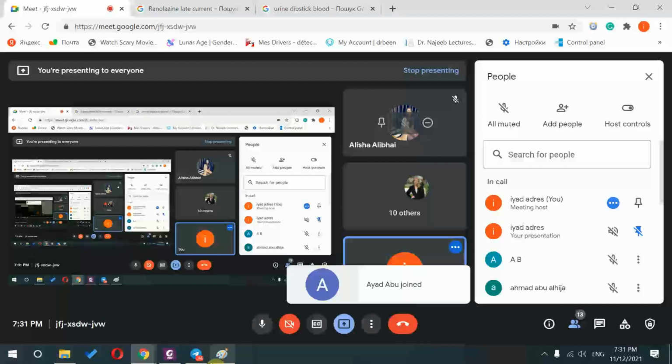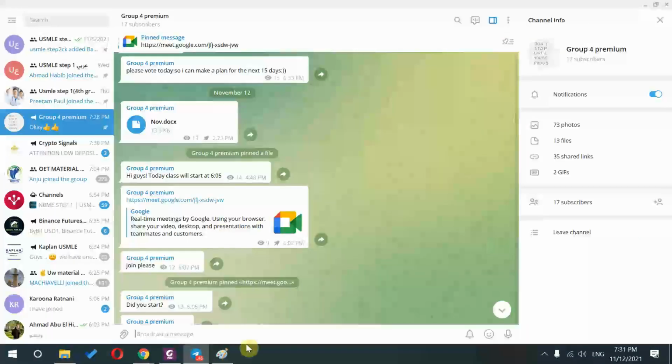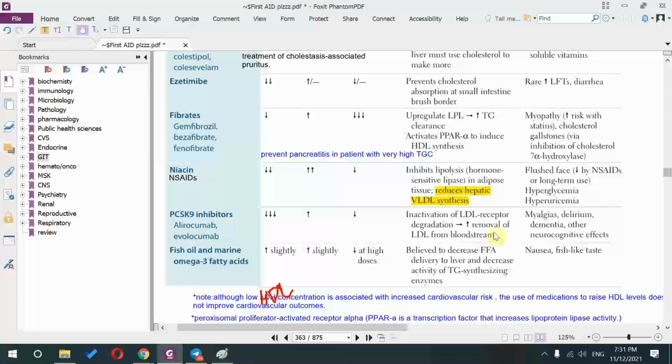Okay, so the next drug will be as follows. The next drug is niacin, which is a vitamin. Which vitamin is it? B3. Excellent. So the B3 will reduce your LDL, increase your HDL, and decrease your triglyceride. It can lead to inhibition of lipolysis, hormone-sensitive lipase, in adipose tissue. It reduces hepatic VLDL, which just makes sense. Why does it make sense?